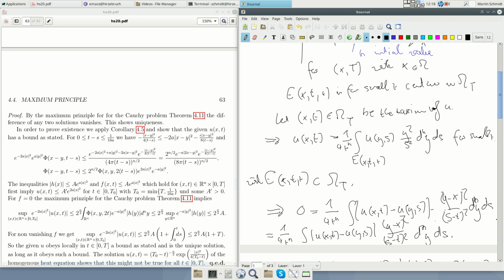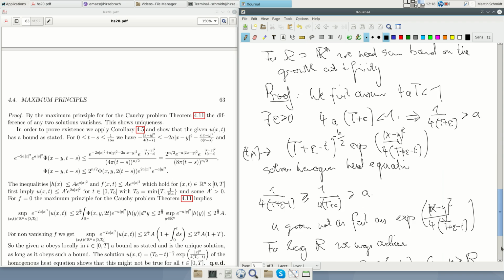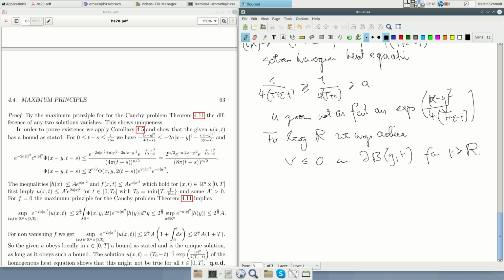So let's do the calculation. We have minus |x minus y|^2 over 4 times (t minus s). This is of course the same as minus |x minus y|^2 over 8 times (t minus s) minus |x minus y|^2 over 8 times (t minus s). Okay, this is clear.